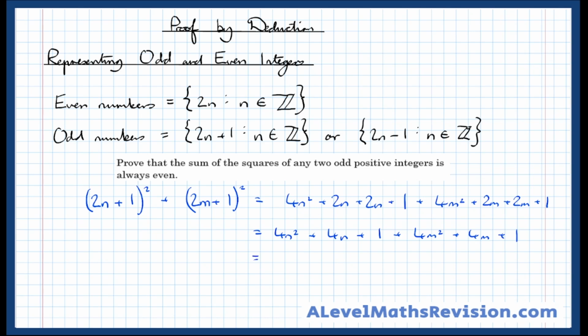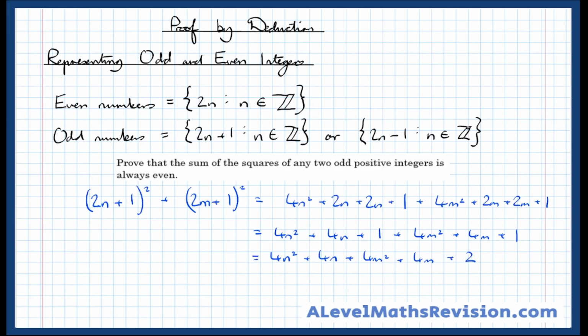And that can be further simplified. Let's get the 4n squared, 4n, then the 4m squared, plus 4m, plus 2.